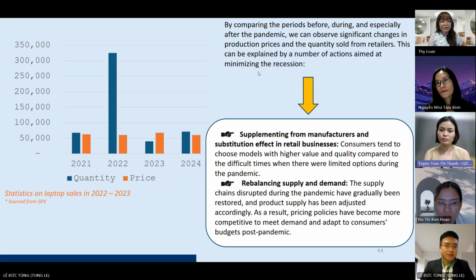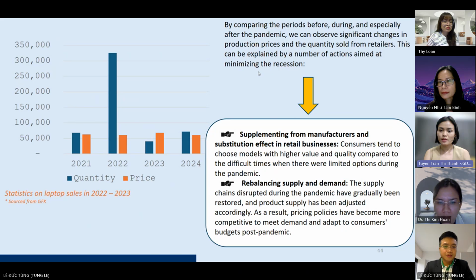Firstly is supplementing from manufacturers and the substitution effect in the retail business. Consumers tend to choose models with higher value and quality, compared to the difficult times when there were limited options during the pandemic. And secondly is rebalancing supply and demand.